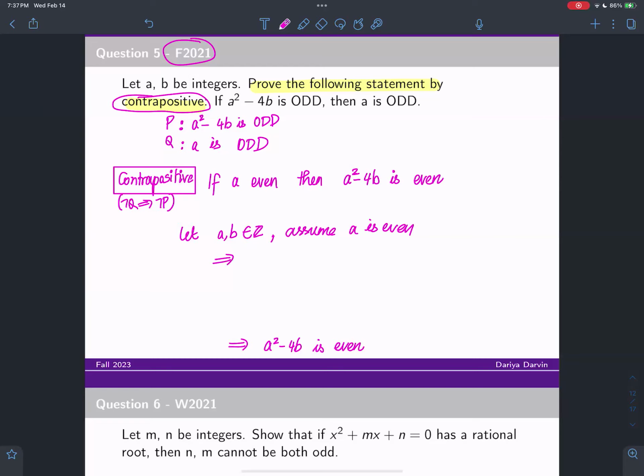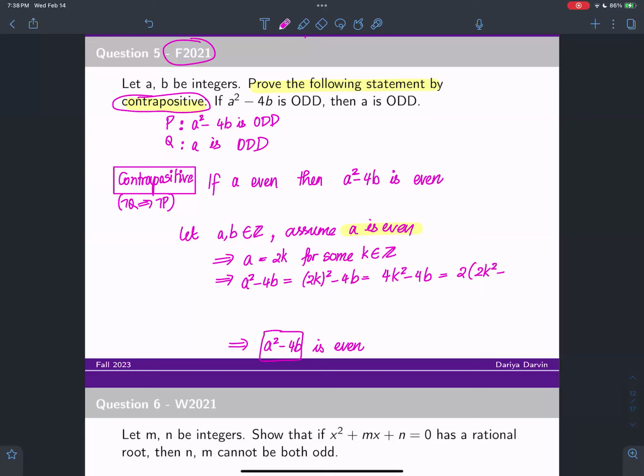Whenever you have A is even or A is odd, just write out mathematically what this means. This means A is equal to 2k for some k in the integers. Now, keep in mind, I always go back to what I need. I want A squared minus 4B. So let's find out what that is. This is (2k) squared minus 4B, 4k squared minus 4B. This is just 2 times (2k squared minus 2B).